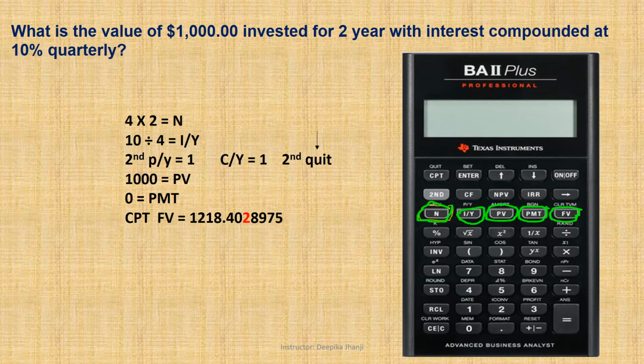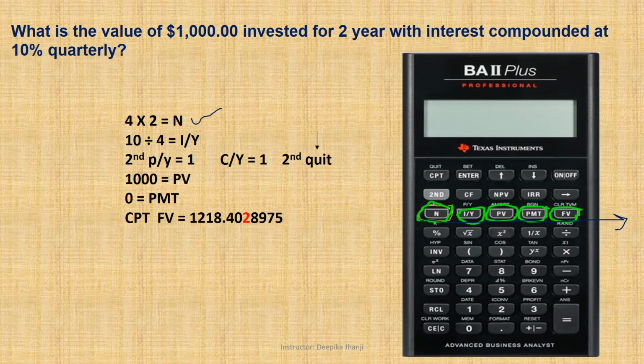Here, 5 features are helpful for calculating the compound interest. These 5 features we can use in any order. We just need to input 4 of these and we can calculate the fifth variable. Now, first of all, for n, n is m times t, so 4 times 2 and then n.